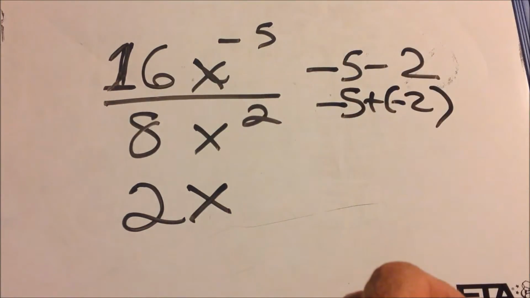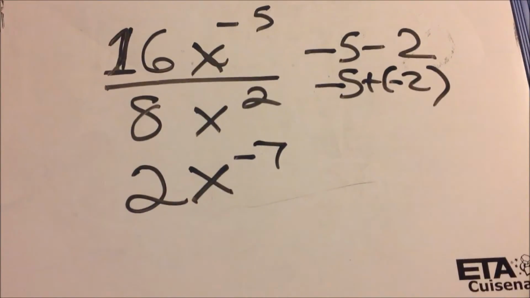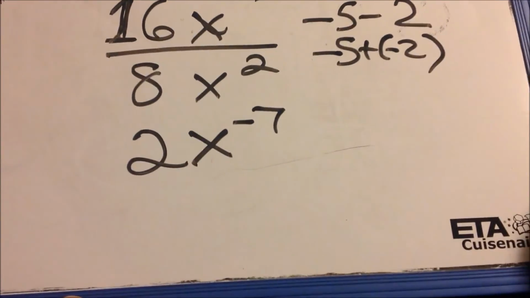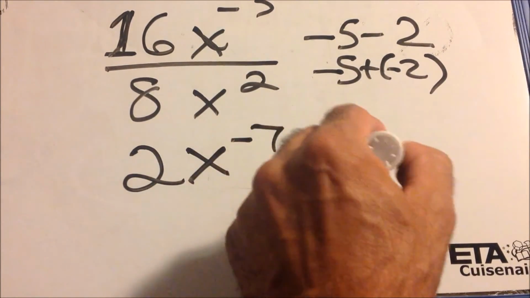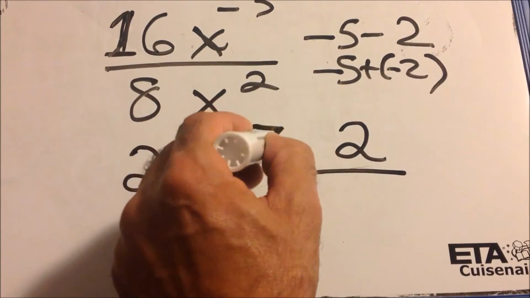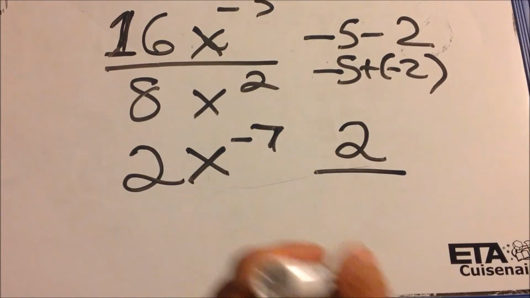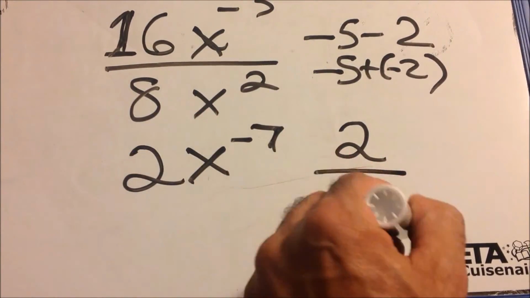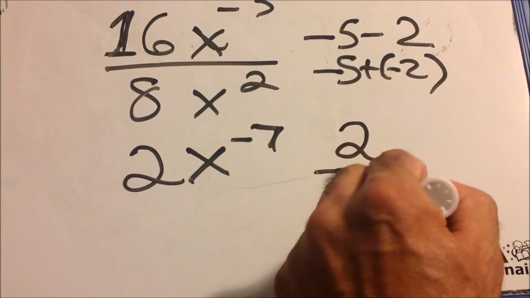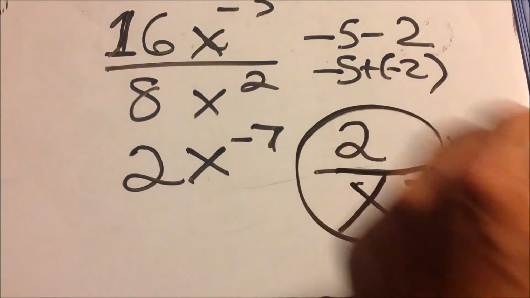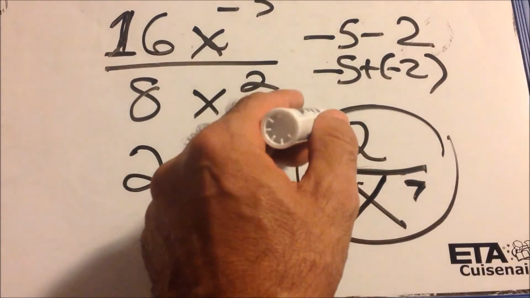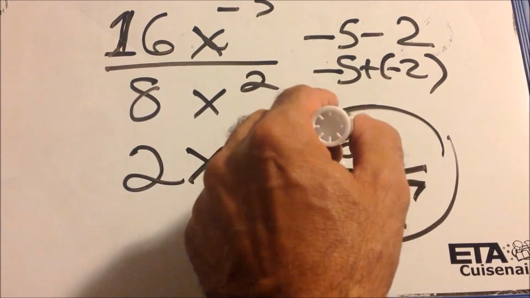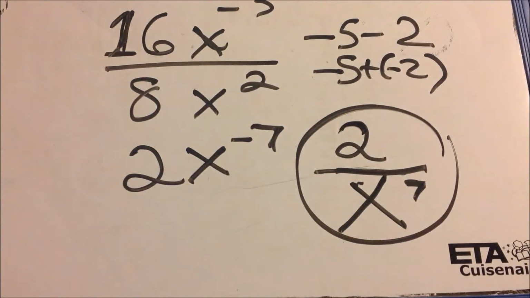Keep change, and you get a negative 7. Now with this, the 2 stays in the numerator, but the x has a negative 7. Remember, that becomes a fraction. So the x actually goes down in the denominator, and that'll be your answer. Because you're actually doing 1 over x, and 2 times 1 is 2, so that's what remains there.